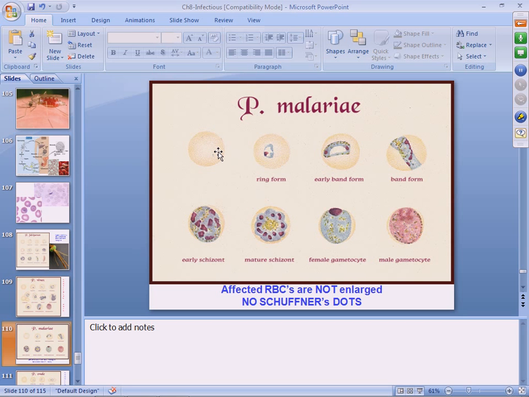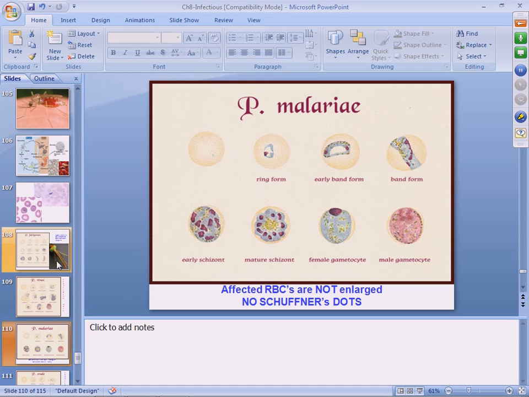Another thing to remember is that when you're looking at red cells affected by malaria, usually those malarial organisms cause the red cell to increase its MCV. It looks like a macrocyte, it's pretty much bigger. But with regular old Plasmodium malariae, the red cells are usually not enlarged. They're usually the same size as the others.